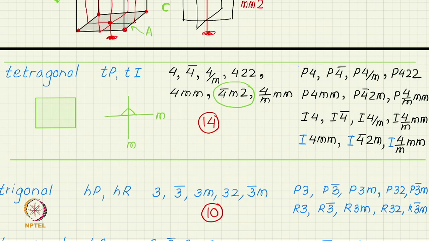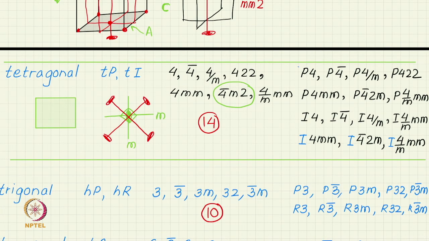There is a 4 bar in the center. If you recall the development of 4 bar M2, which is discussed in detail in another of my videos, then you will find that it has two perpendicular mirrors as well as two perpendicular two-folds.